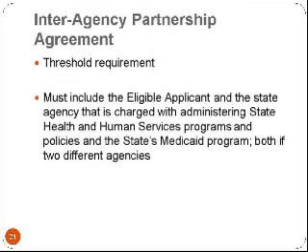A lot of states are set up differently. If the agency that administers your Medicaid doesn't fall under the umbrella of a larger health and human services agency, the agreement has to be with both the Medicaid and HHS agency.